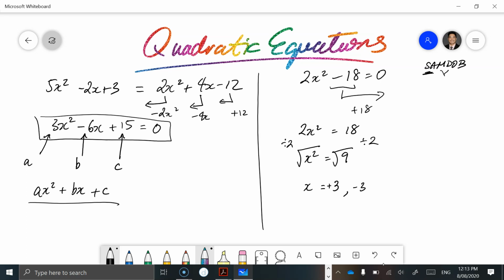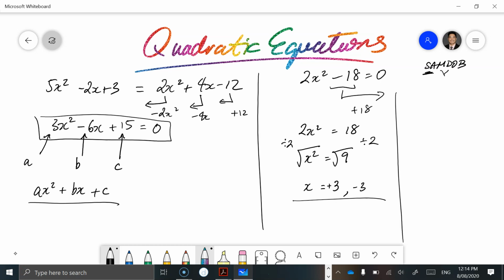So positive 3 squared will give you 9, and negative 3 squared is also going to give you 9. We're going to do a few of these and you'll see what I mean. I want you to understand that there are two solutions here.